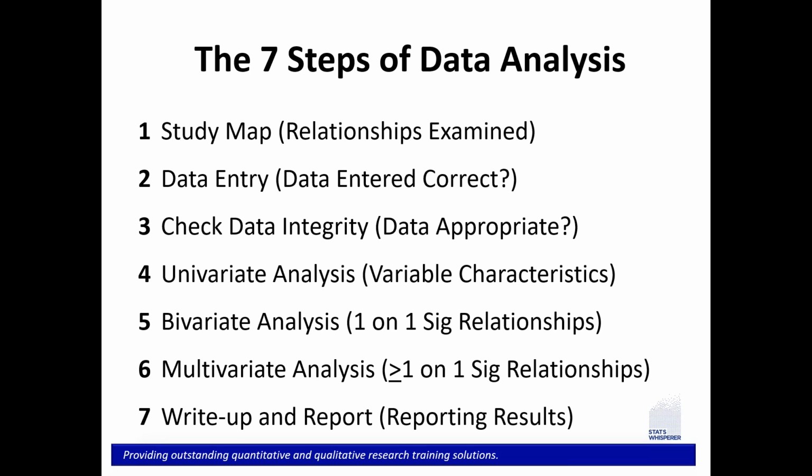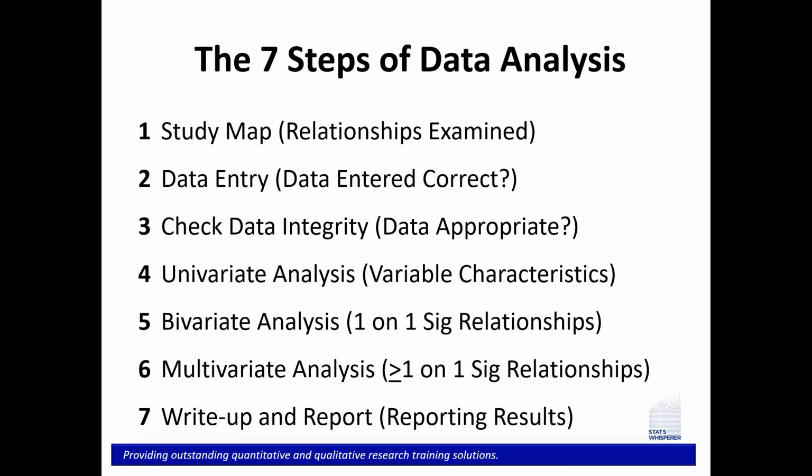And then 4, 5, and 6 are the actual analysis. 4 is univariate analysis, also called descriptive analysis, where you look at the characteristics of one variable at a time. Step 5, bivariate analysis, is where we look at the one-on-one relationship between variables, specifically to see which explanatory variables have a significant relationship with the dependent variable.